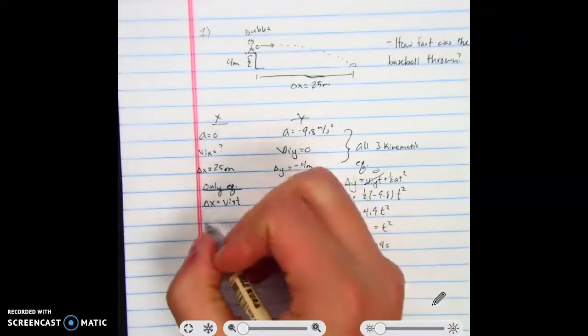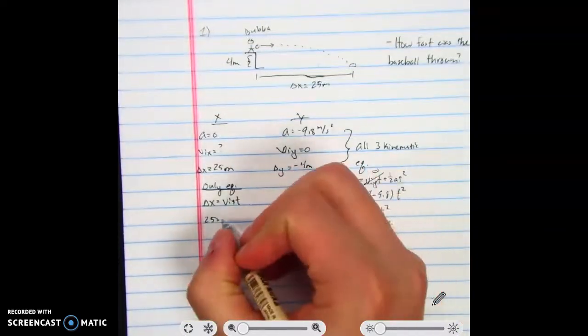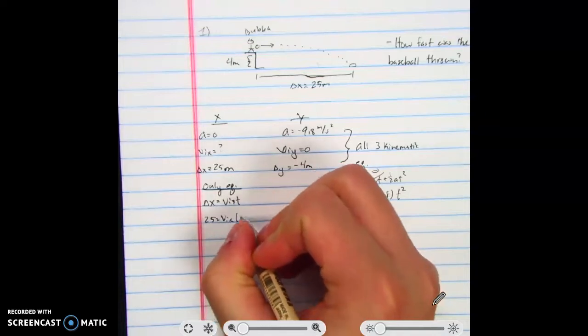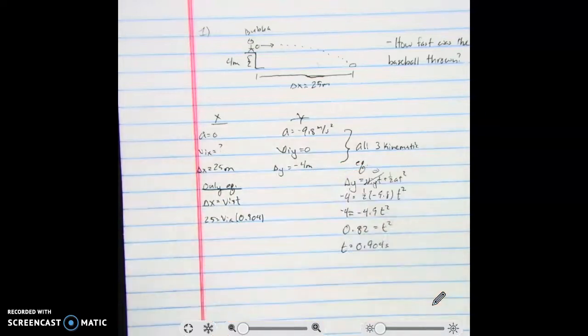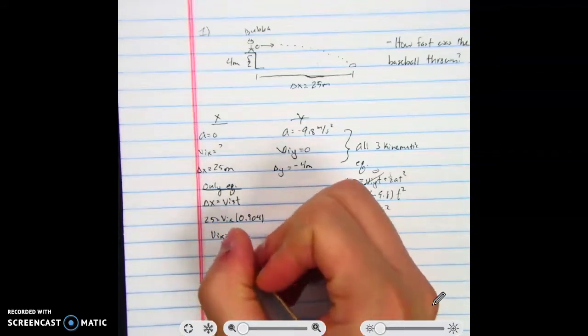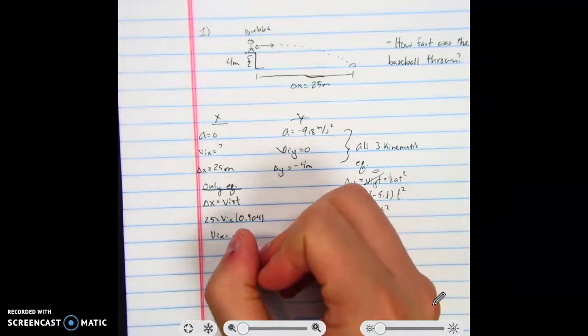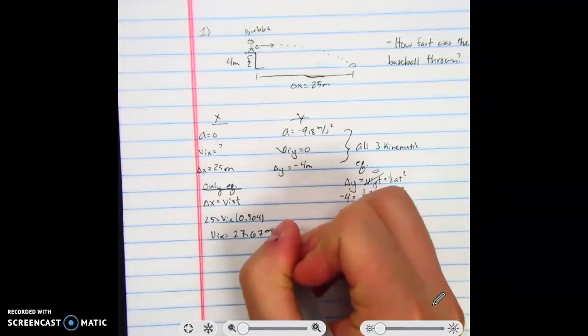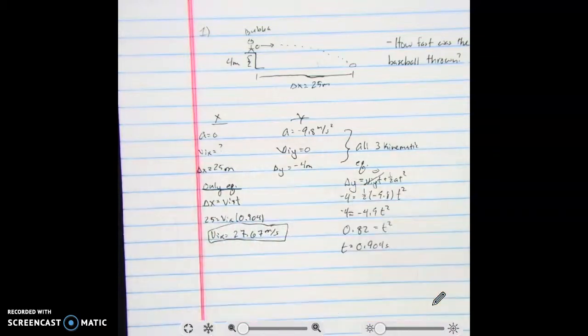Now we can use our x-axis. So I have 25 is equal to v initial times t, and so Bubba throws a baseball at roughly 27.67 meters per second. That's a mighty fine pitch. I have no idea what that is in miles per hour. You can Google that if you want. So there's the first question.